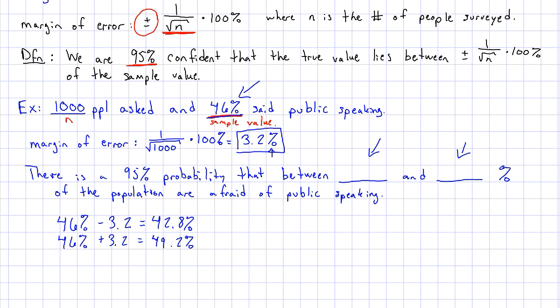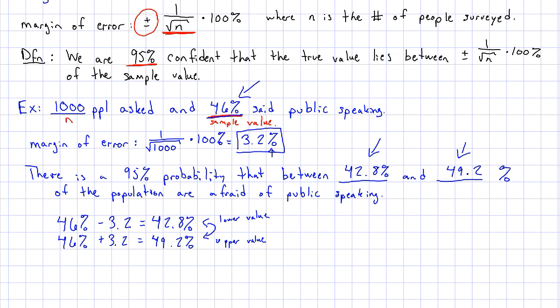You subtract the margin of error and you add the margin of error. And then these two values are the lower value and the upper value. So 42.8% and 49.2%.